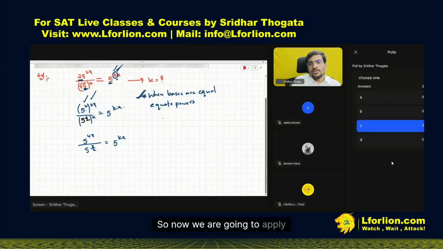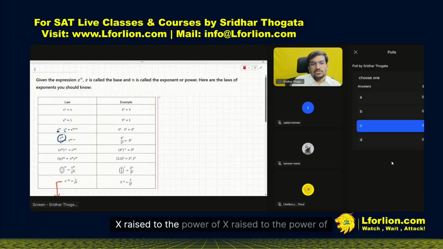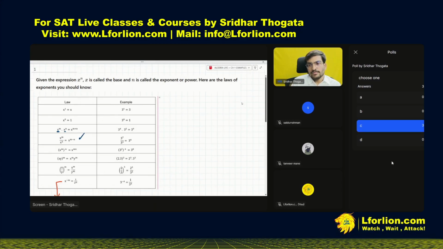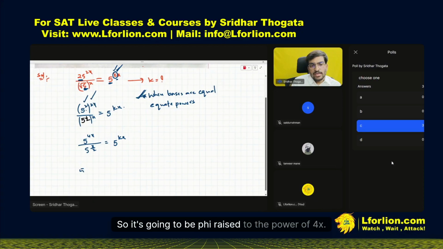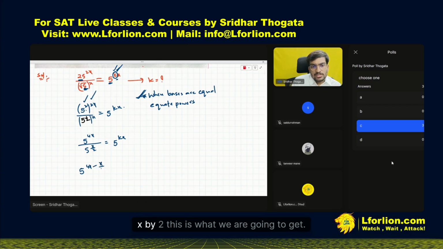So now we are going to apply the quotient rule. x raised to the power of m divided by x raised to the power of n is x raised to the power of m minus n. So it's going to be 5 raised to the power of 4x minus x by 2. This is what we are going to get.